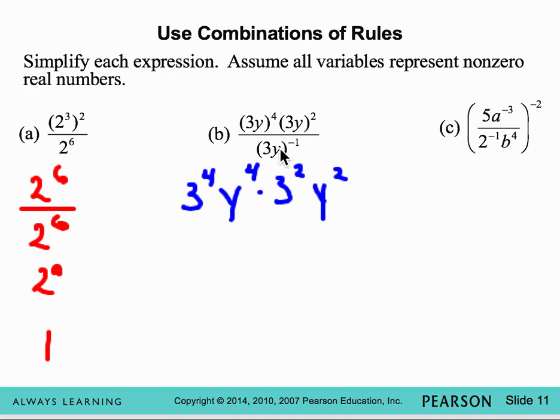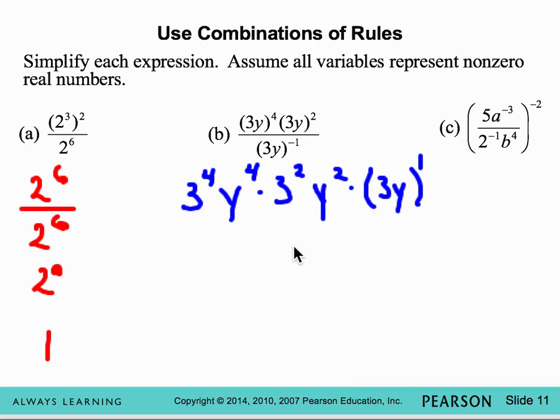Okay, and this has a negative exponent, so it flips up to the top and is 3y to the positive 1, okay, which is just 3y, right?